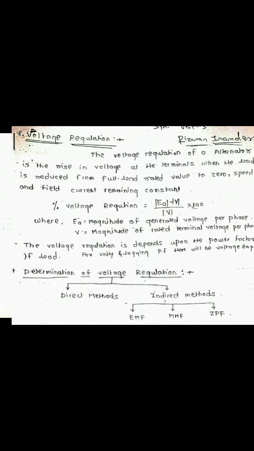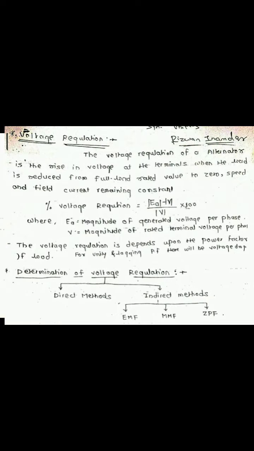The voltage regulation of an alternator is the rise in voltage at the terminals when the load is reduced from full load rated value to 0, when the speed and field current remain constant. In general, voltage regulation is no load voltage minus full load voltage divided by full load voltage into 100.